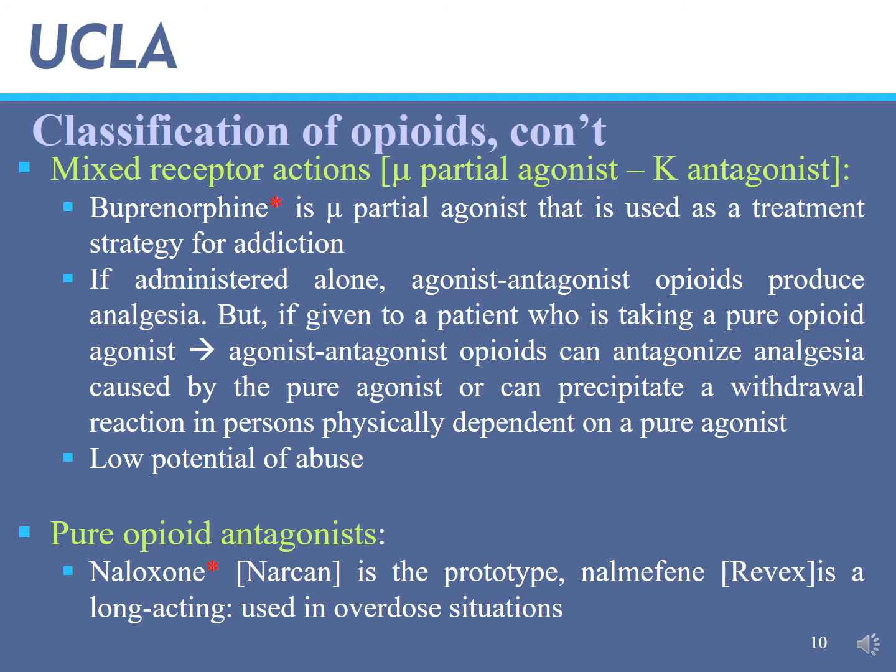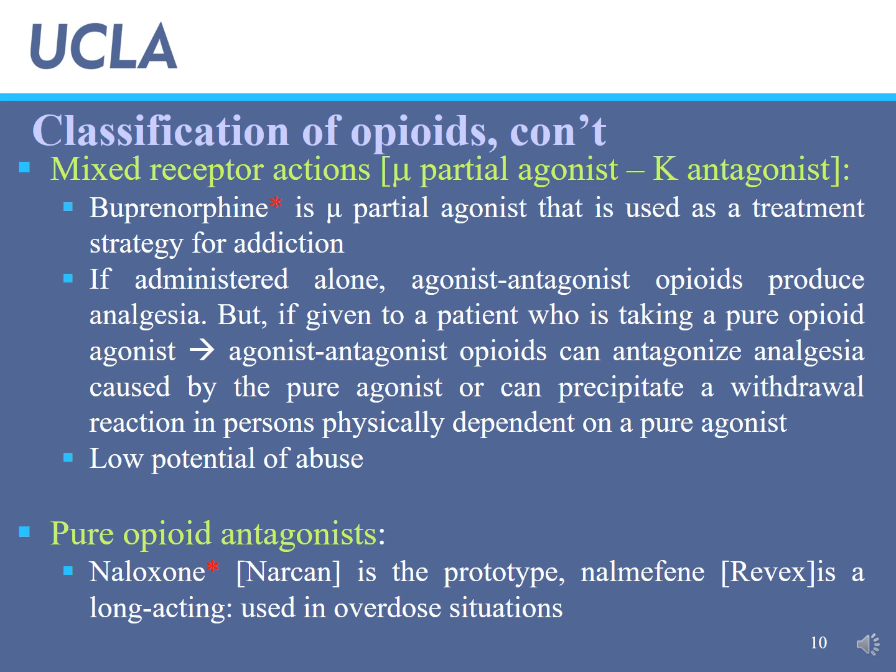So, again, used sometimes as treatment for patients in rehab. And then because of the effect that it is a partial agonist and antagonist, it has a low potential of abuse.